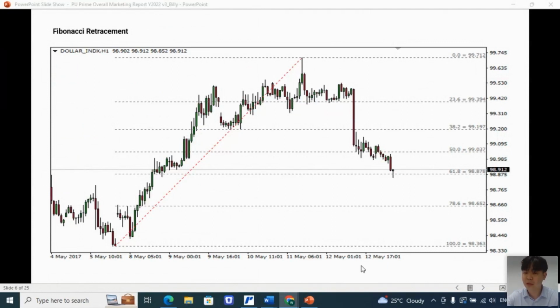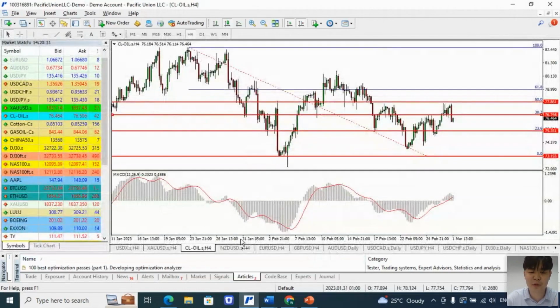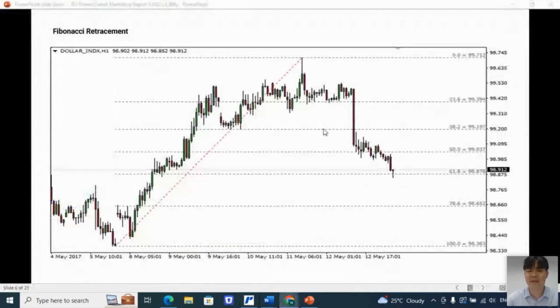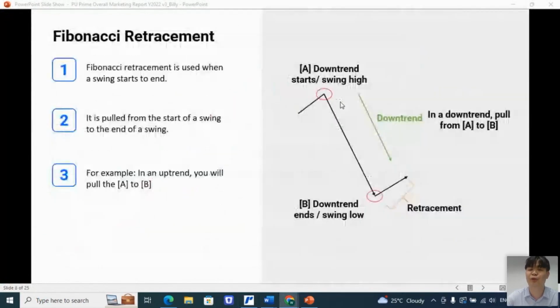Now, this was the uptrend, and I'm going to show you the downtrend. The downtrend is the same. You draw from the higher level, point A, to the bottom level. Same criteria, we must have 25 to 30% of small retracement. So you draw from the higher level, click and pull until the lowest level, and all those support and resistance levels will come out automatically.